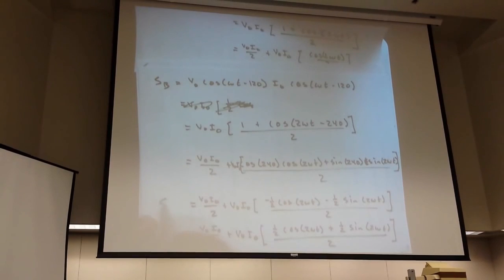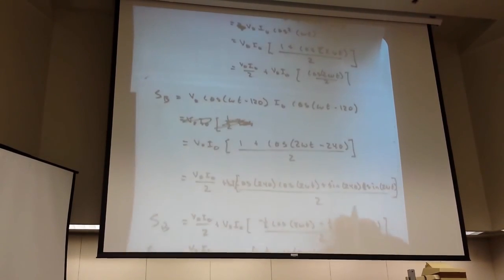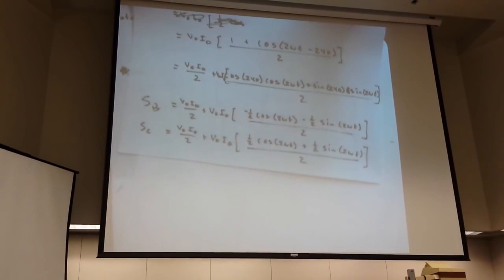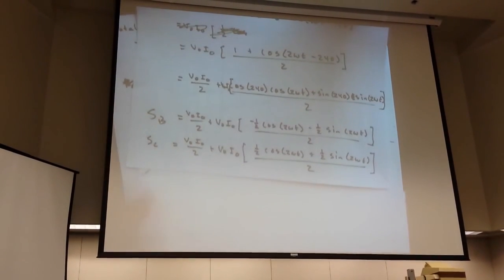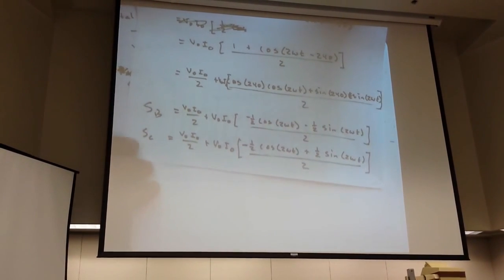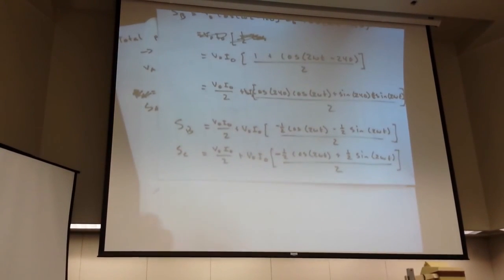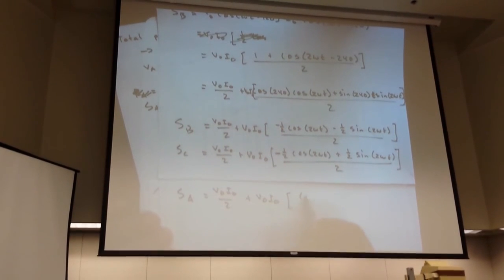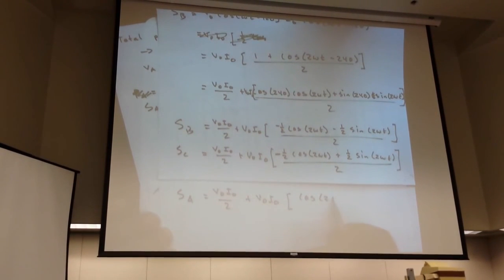And to get things close together, let's write SA again. SA equals V naught I naught over 2 plus V naught I naught cosine 2 omega t over 2.